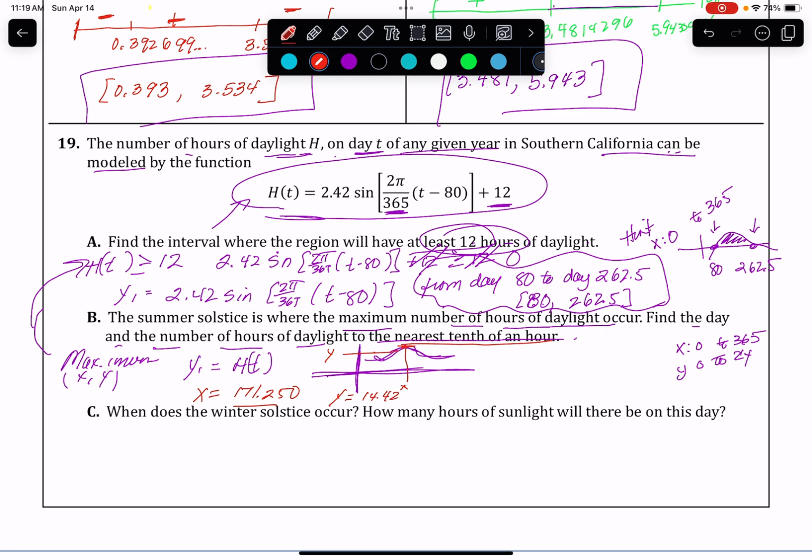So day 172, or they're not going to mark it wrong if you say 171.250, and the hours is 14.4 hours of daylight. So at day 172, there's 14.4 hours of daylight.